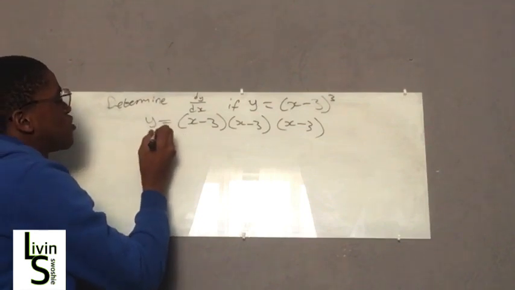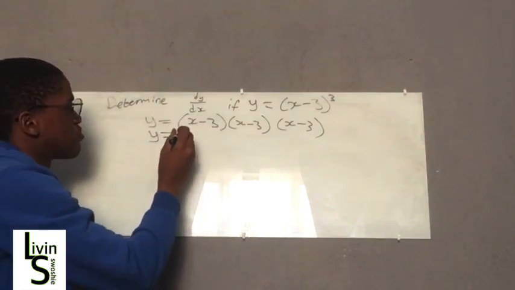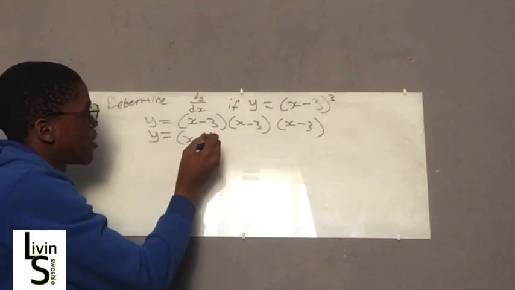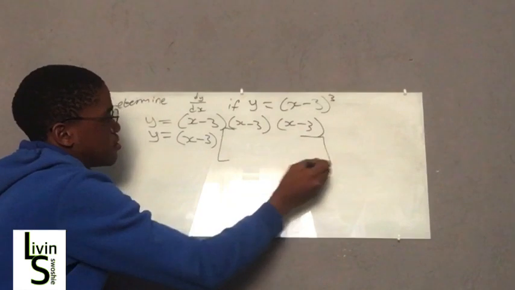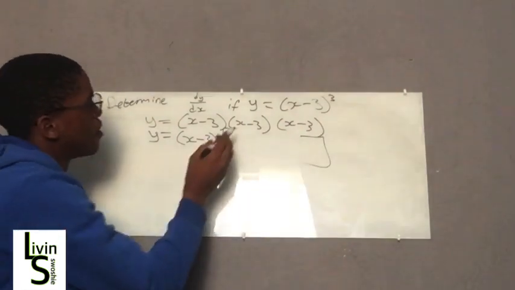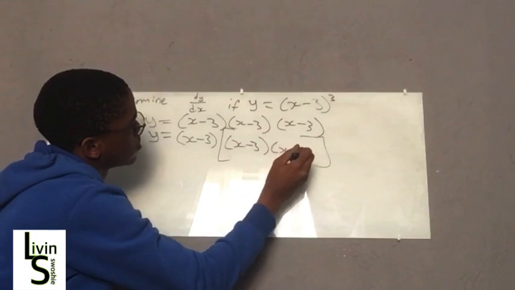Okay, for us to efficiently solve this, we have to take out x minus 3, so it's going to be x minus 3 and then open a square bracket, into x minus 3 into x minus 3.